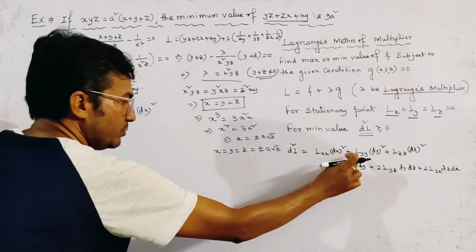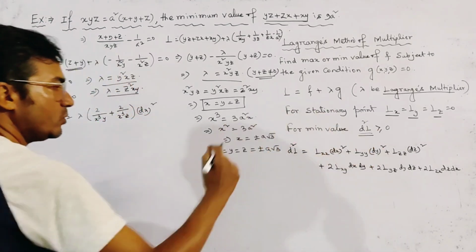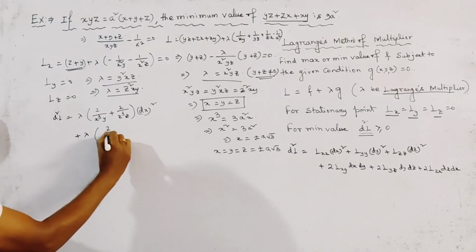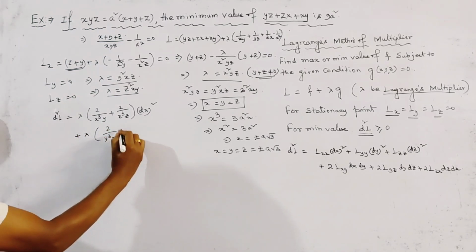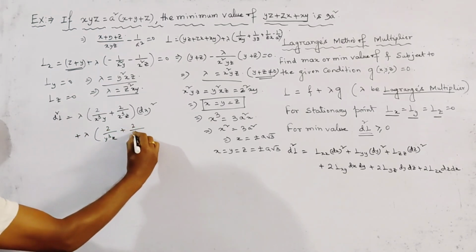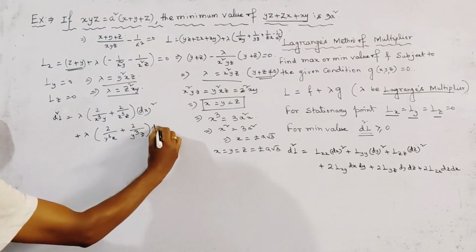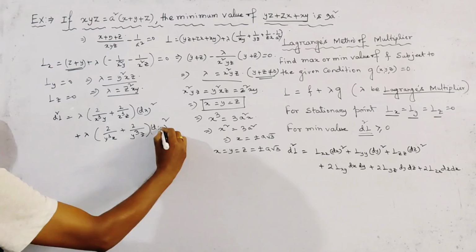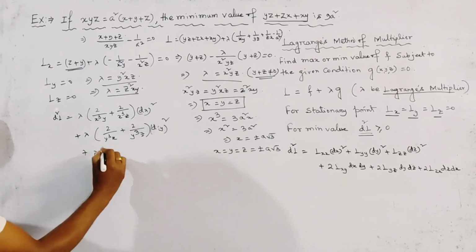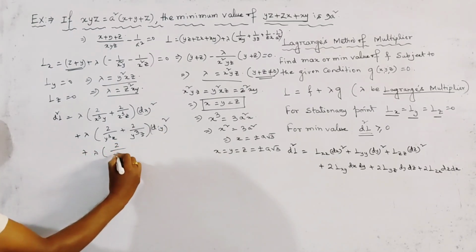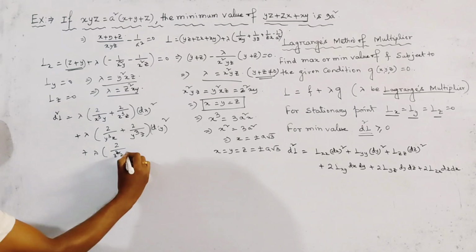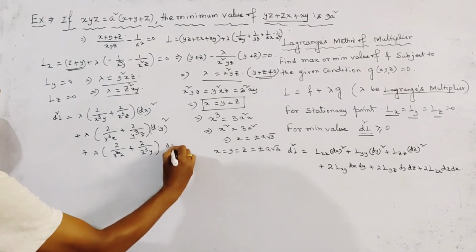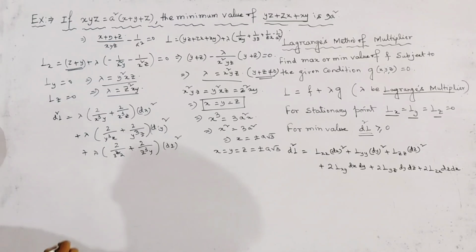Similarly, for Lyy dy square, we get plus lambda into 2 by y cube x plus 2 by y cube z, times dy square. The third term is 2 by z cube x plus 2 by z cube y times dz square.